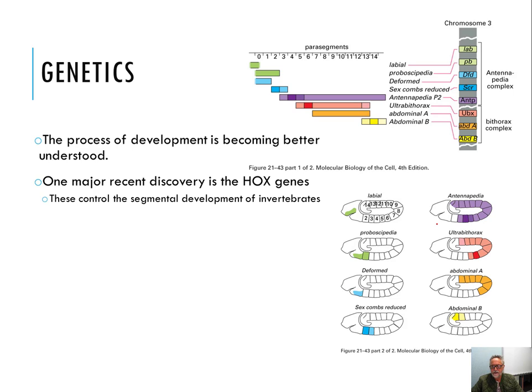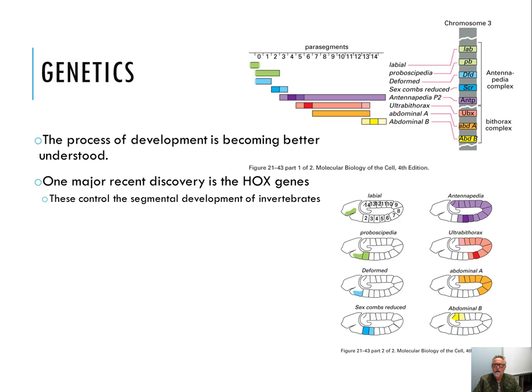One of the complexities about how things develop is when things are timed and how they are arranged spatially amongst the animals. So when does the head develop, when does the bit below, etc. And studies in invertebrates identified a set of genes which are called the Hox genes.